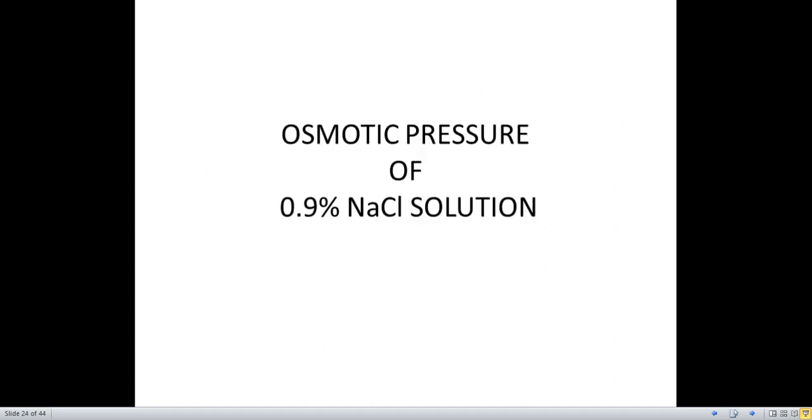To understand Van't Hoff's law, let's calculate the osmotic pressure of 0.9% sodium chloride solution, also known as normal saline solution.